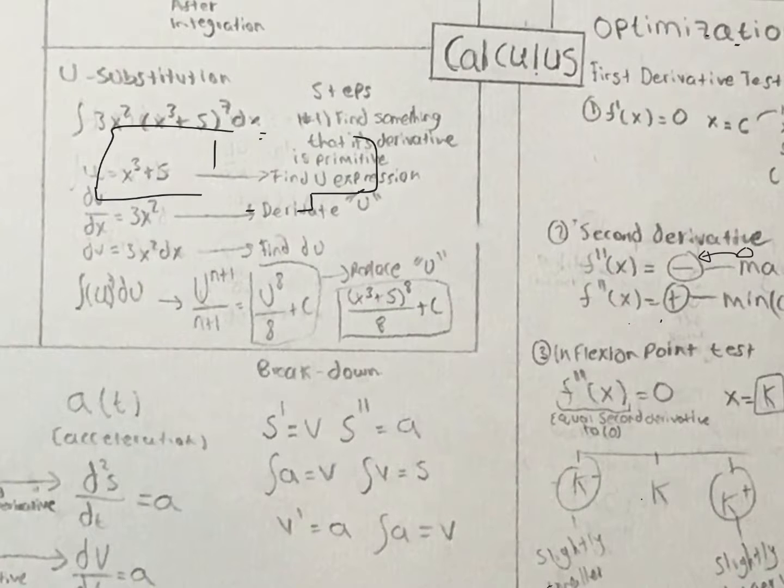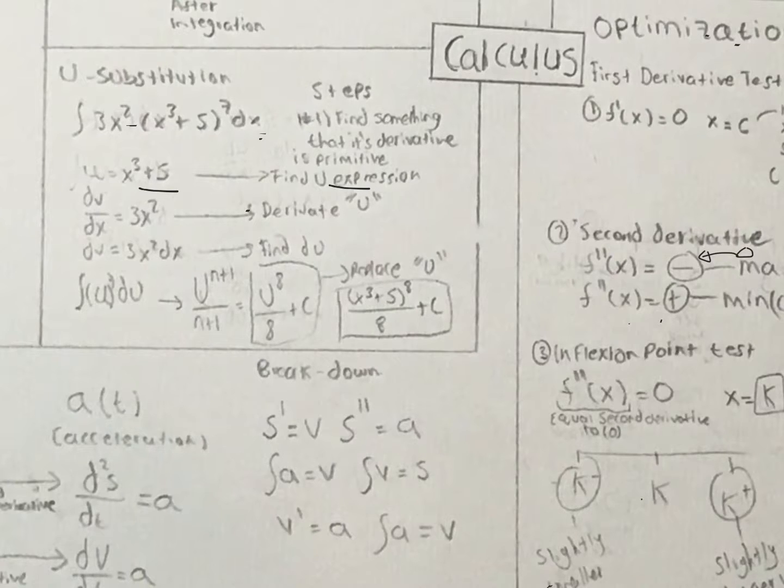So let's say u will be equal to x to the power of 3 plus 5. In this case we do it because we know the derivative of this can help us get this and this at the same time. So the derivative of u with respect to x would equal 3x squared, then du equals 3x squared dx.